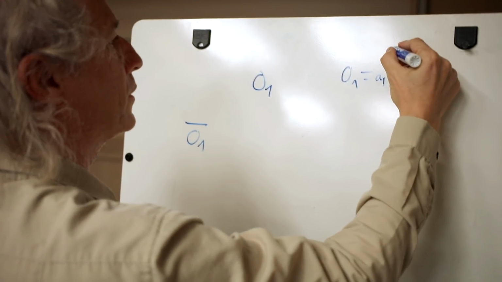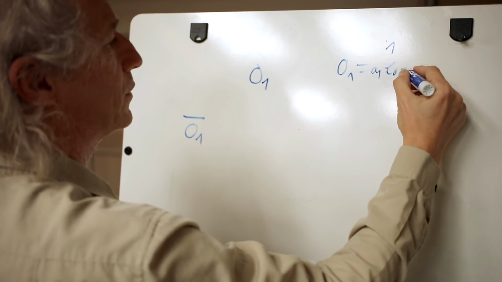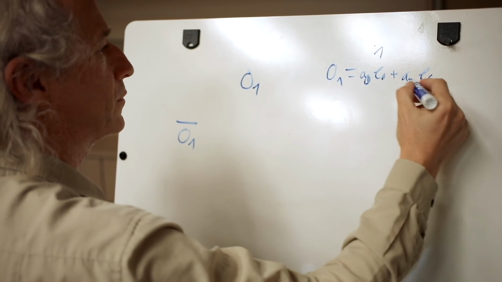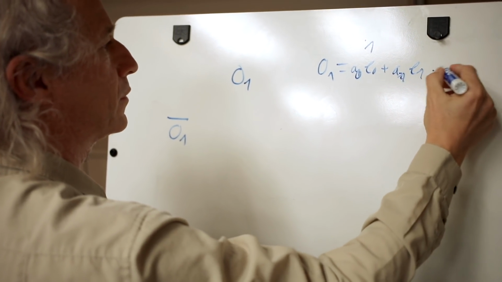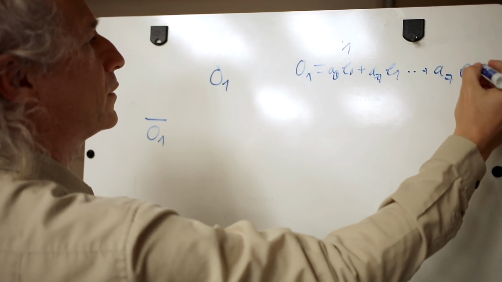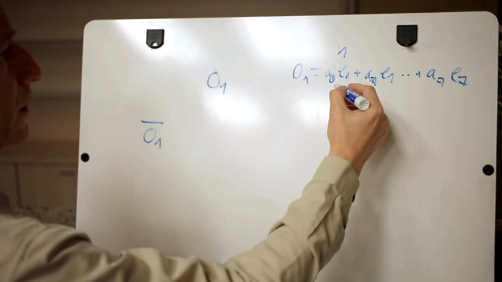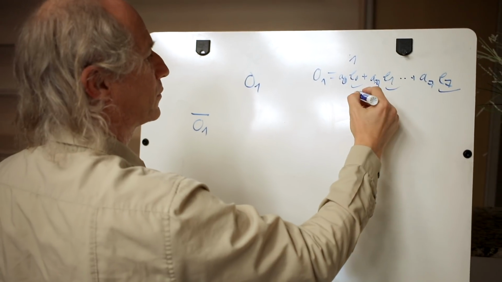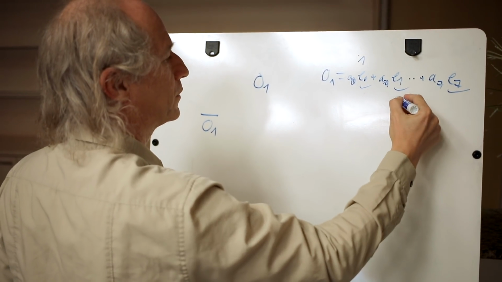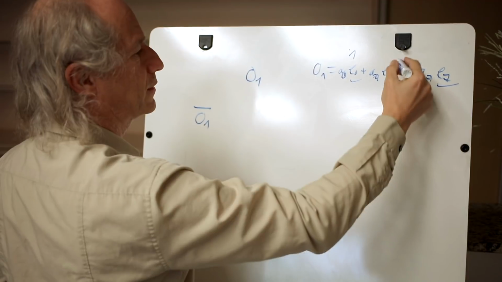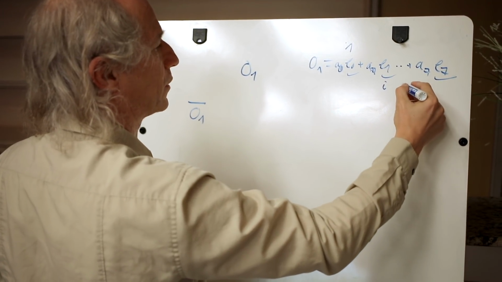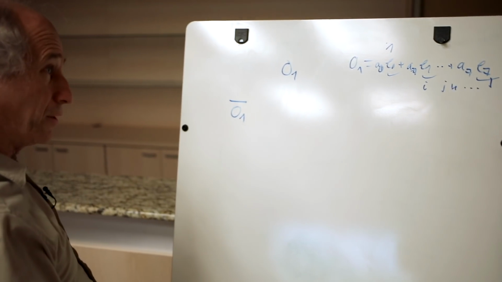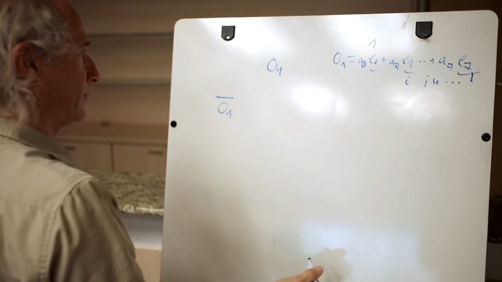E0 is 1, and the octonion is A0 E0 plus A1 E1 up to A7 E7. The octonionic units are E0, which is 1, and E1, which is i as a complex number, then j, k. You can give them different names, but it's better to just give numbers, E0 to E7.